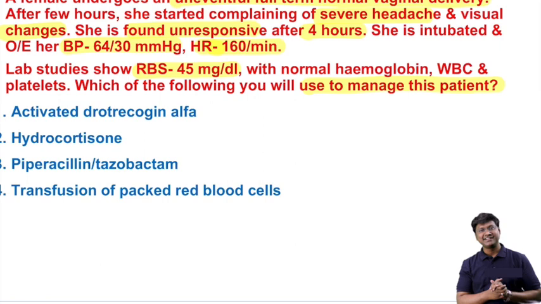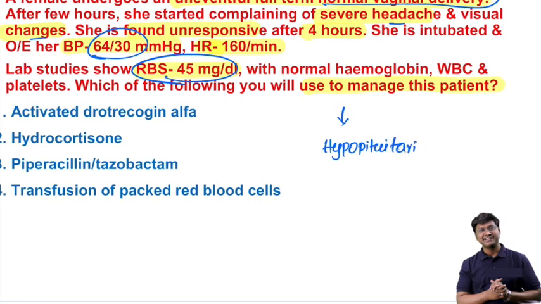Now, all these events, if you observe, have developed after the normal vaginal delivery. So it's a postpartum event. The individual is having severe headache as well as visual changes, is unresponsive, has hypotension, and also hypoglycemia. So all these features are suggestive of hypopituitarism. Particularly hypotension and hypoglycemia are because of the ACTH deficiency.